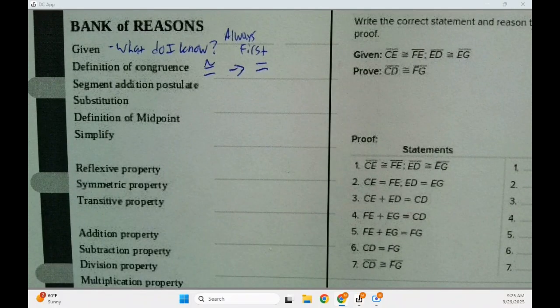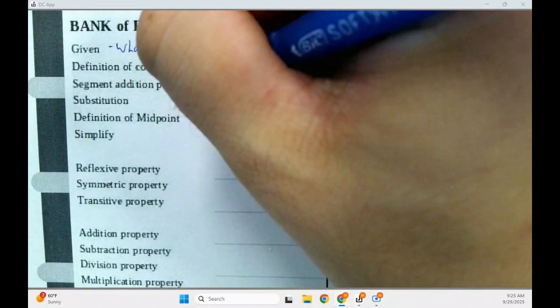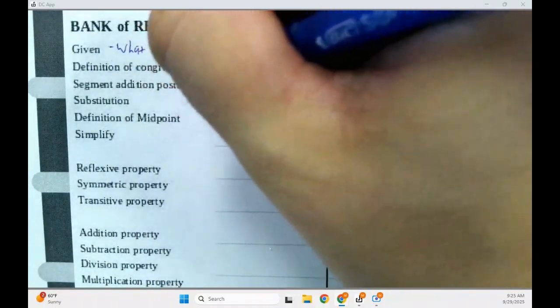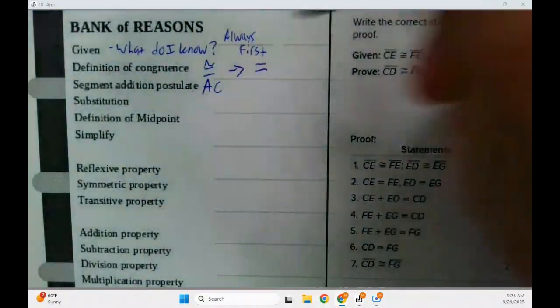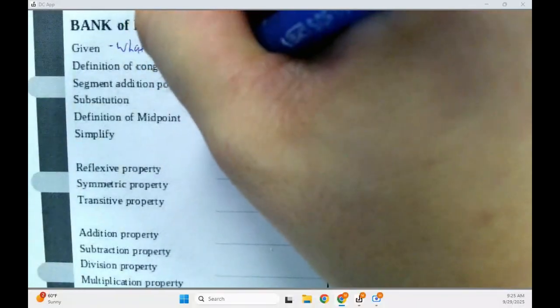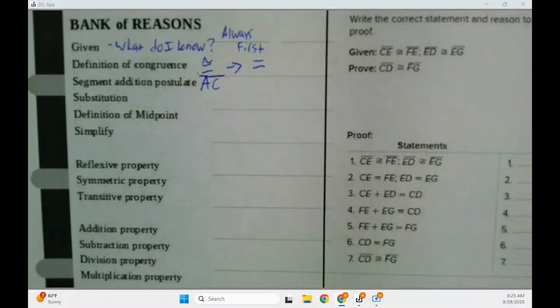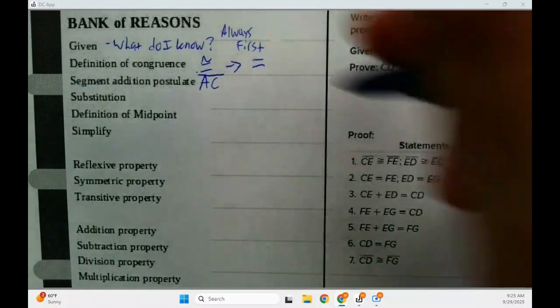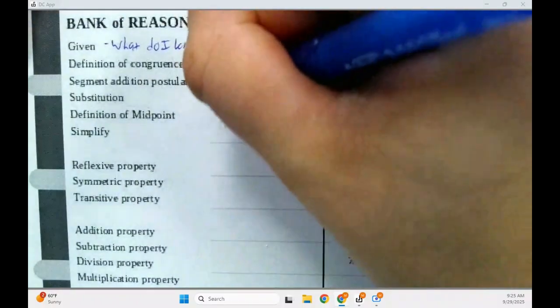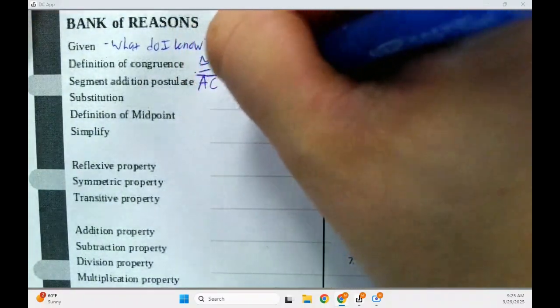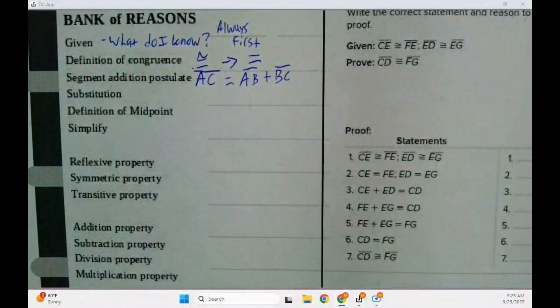Now the segment addition postulate should look pretty familiar. In fact, it's what you were just doing today. If I have some line segment A to C, and B is somewhere inside of that, then if I take AB plus BC, I get all the way across to AC.